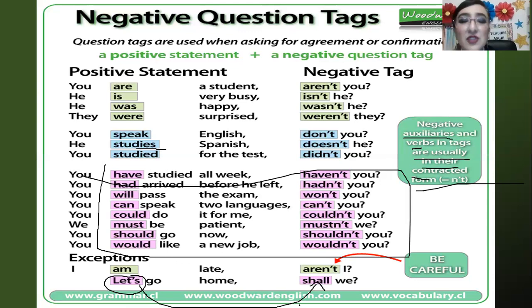Well, it is going to be part of the will and want. Always we are going to be having these situations here. From a positive sentence to a negative question tag, these are going to be some exceptions. Always, I am late, aren't I? Let's go home, shall we?